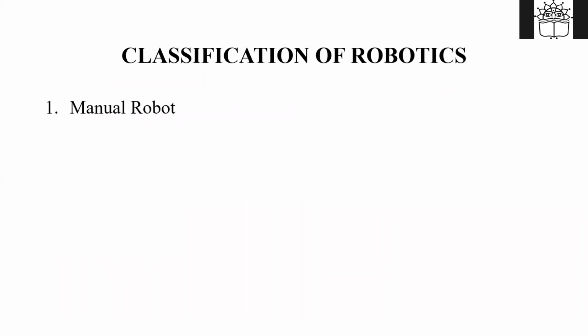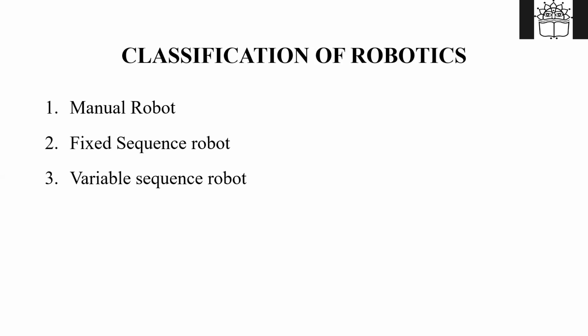Now let us see the classification of robots. One is the manual robot, which is operated manually; the fixed sequence robot, which follows a fixed sequence; the variable sequence robot, where we can do programming and change the sequence; the numerical robot, where you want numerical curves to be traced; and the playback robot.